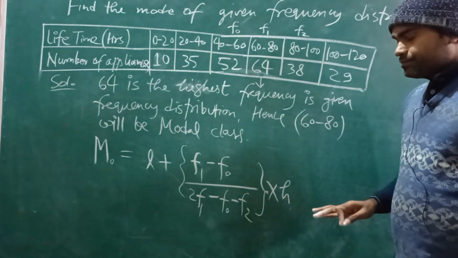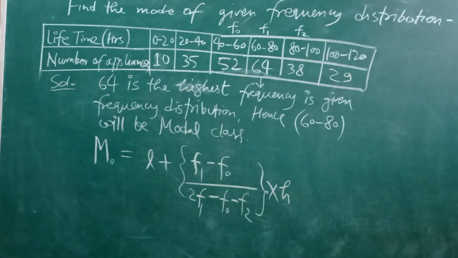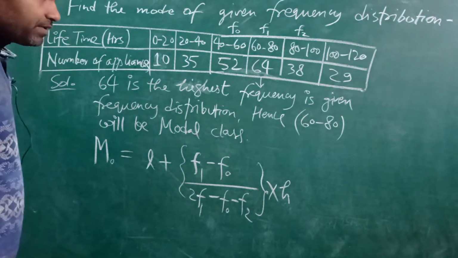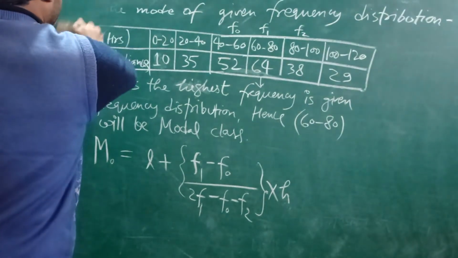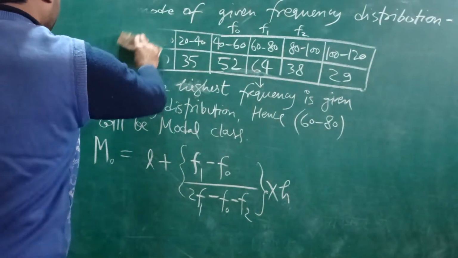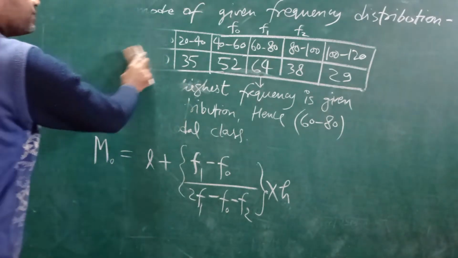So now all the values are clear to you. F0 is 52, F1 is 64 and F2 is 38. So we will calculate. I should write down these values: F0, F1, F2. You can write it by rewinding the video.